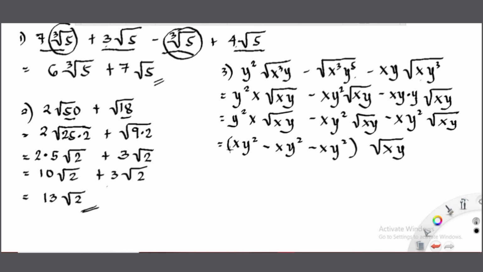So, we're gonna have 1 minus 1. So, it's equal to 0. So, pwede na natin itong i-cancel out. Alright, so ito na lang ang natira. So, 0 minus xy squared. So, it means to say, we will just copy it. Negative xy squared. And then this one, square root of xy. So, this is our final answer.